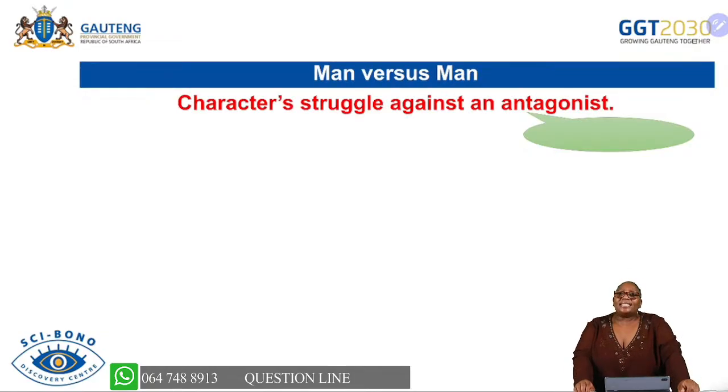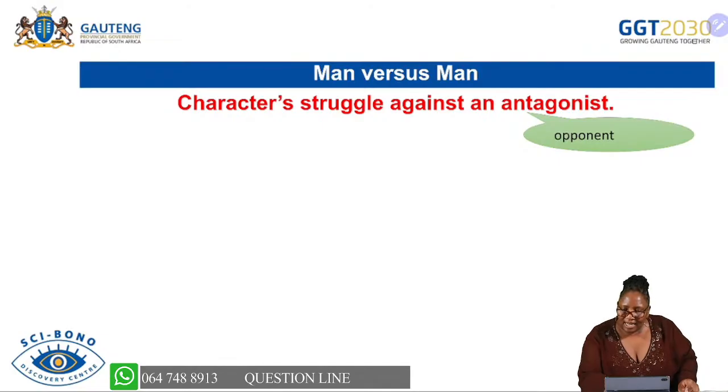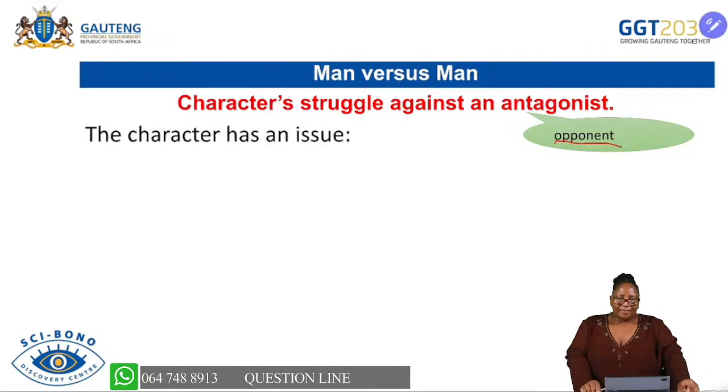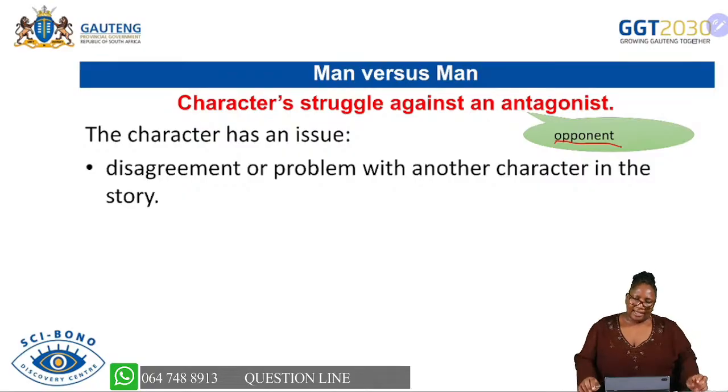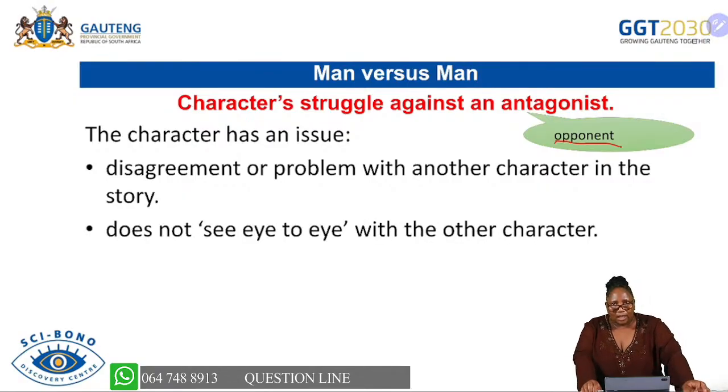Let's look at man versus man type of conflict. The characters struggle against an antagonist. We said it earlier, an antagonist is what? An opponent. The character has an issue. There is a problem between the two characters in the story, or more than two characters in the story. It's a conflict, disagreement.